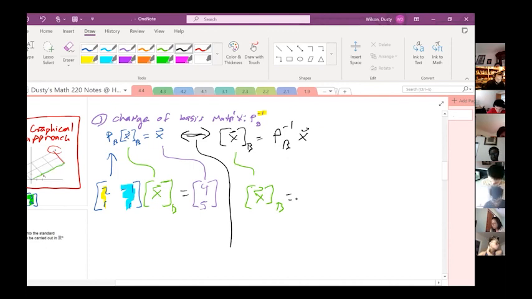It's a 2 by 2, so we can just find our inverse. The determinant is 3, so I've got a 1/3 out front. And then I can swap the diagonal entries and change the signs on the others. Okay, so this is my PB inverse. And then my X is still the same friendly purple 4, 5.